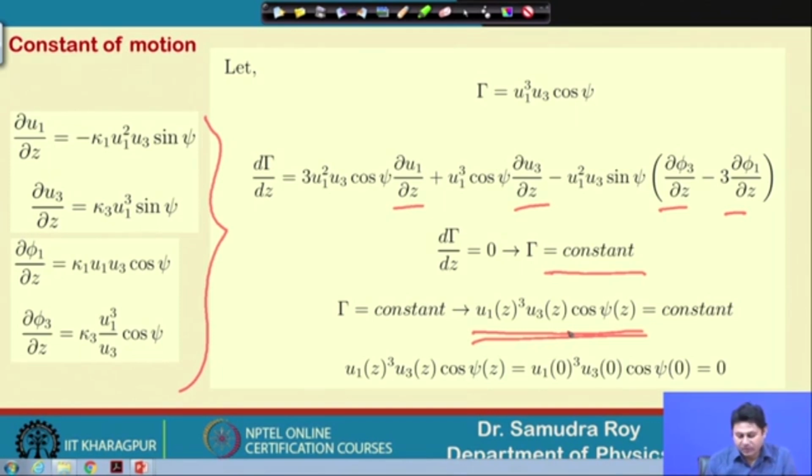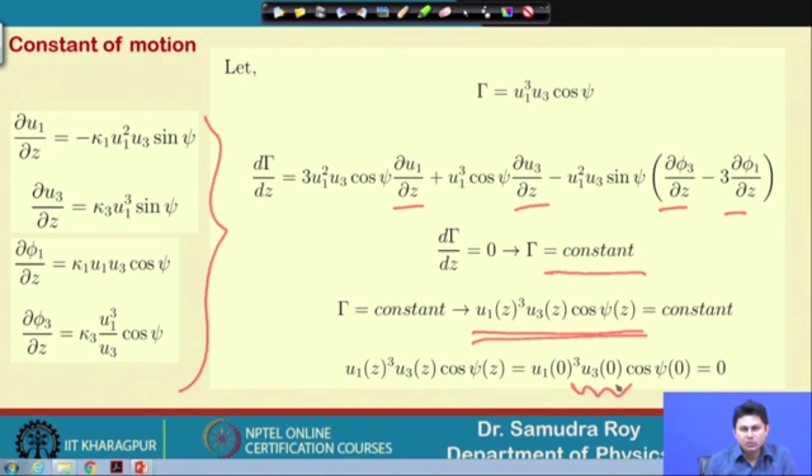So, if I put z equal to 0, then u1 cube u3 cos psi at z point is equal to u1 cube u3 cos psi at 0 point. If I put this 0, then one term appearing here is u3 at 0.